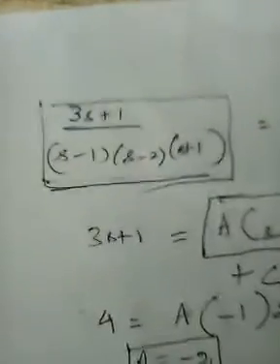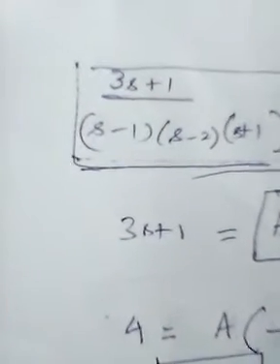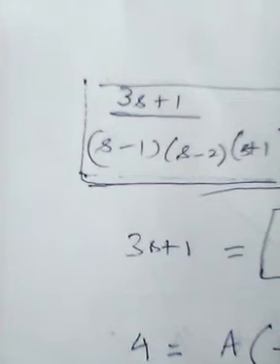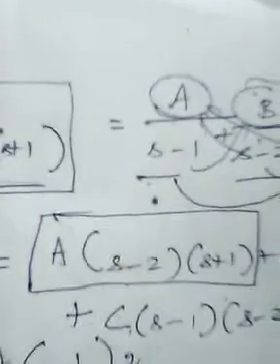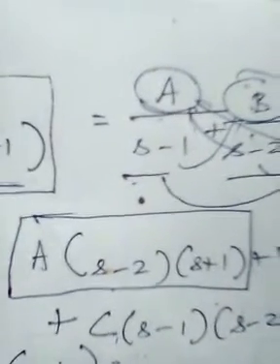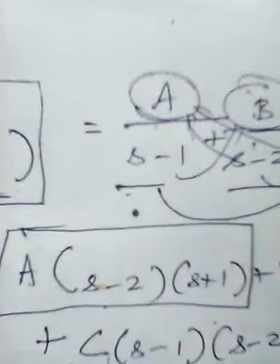Shown is the polynomial which says it is 3s plus 1 by s minus 1 into s minus 2 into s plus 1, which is resolved into partial fractions. As shown, this partial fraction has three constants, A, B, C. These three constants have to be found out by some method.